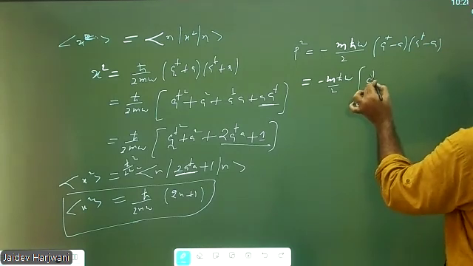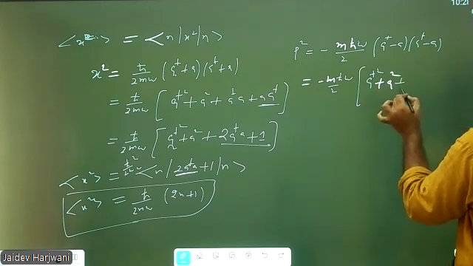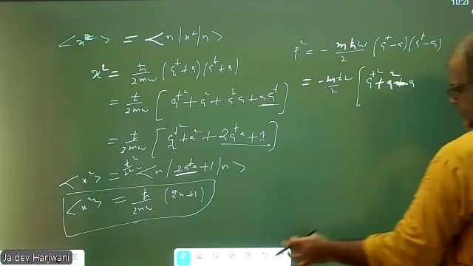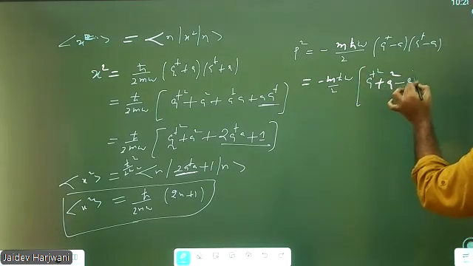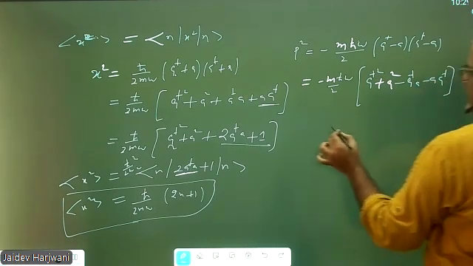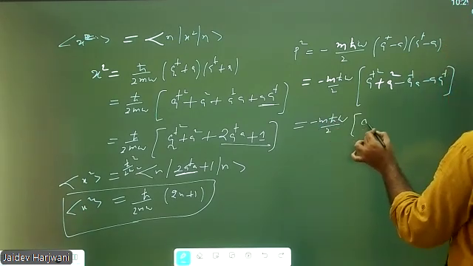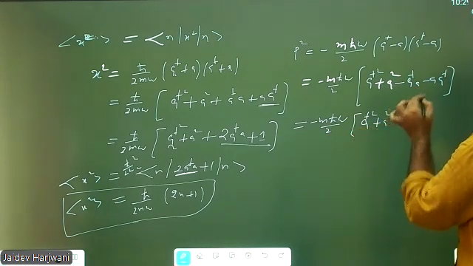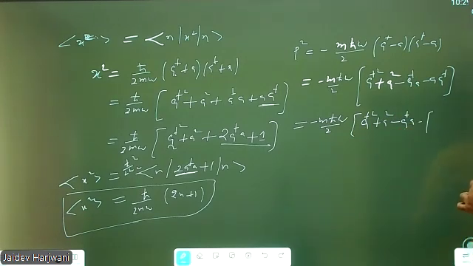If I solve this one, this will become a square and a dagger square, and this gives you minus a dagger a and minus a a dagger. Again, a a dagger can be written as 1 plus a dagger a.